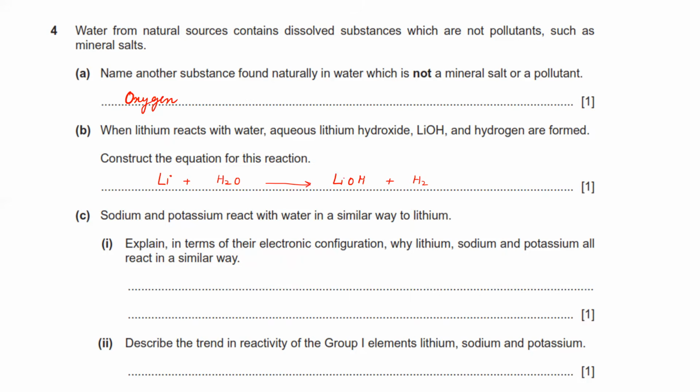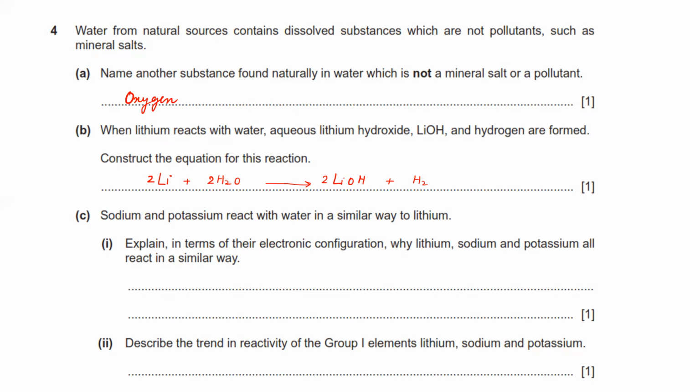So we have OH, so we have one O and one H extra. So we can go with this and we can go with this. So now we have 2 and 4H, so 4H, 2O, 2O. So O and H are balanced. So now we have 2 lithium, so just multiply 2 here. So this is a balanced equation for this.